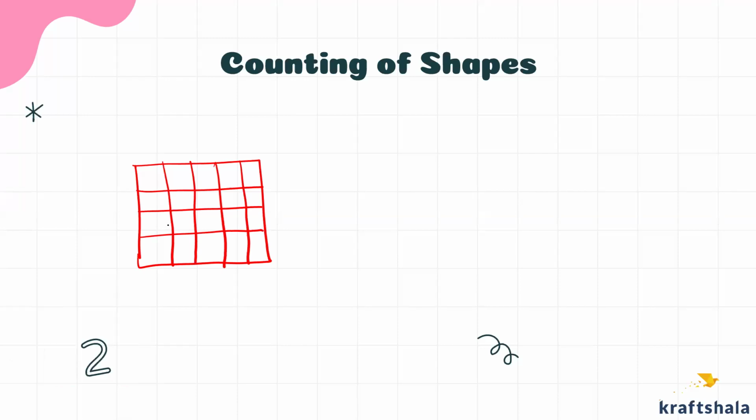Now, if I start counting manually, it won't be possible because this is one square, this is two squares, then this is again a third square. Are you getting it?